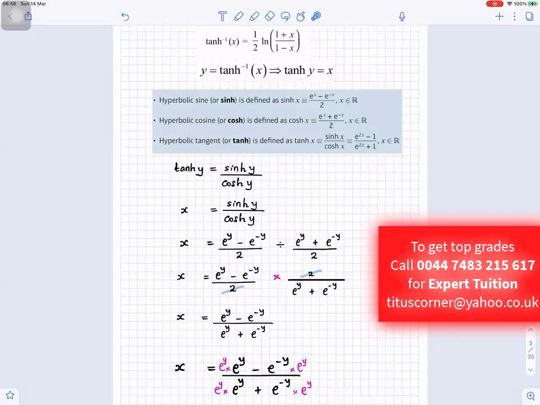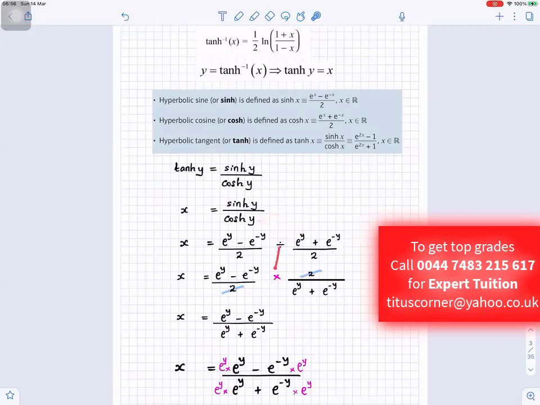So x is equal to e to the y minus e to the minus y over 2, because that represents sinh y, divided by cosh y, which is that. We get that from the definition of cosh y.